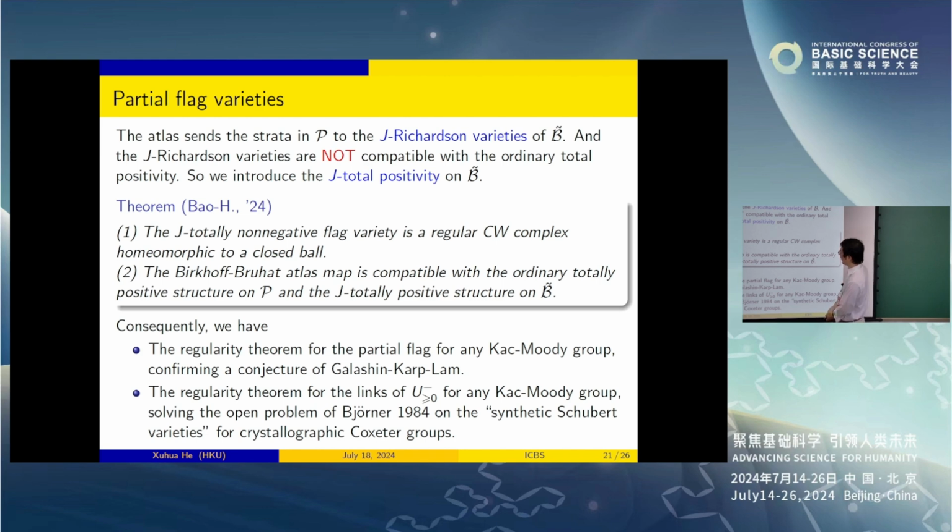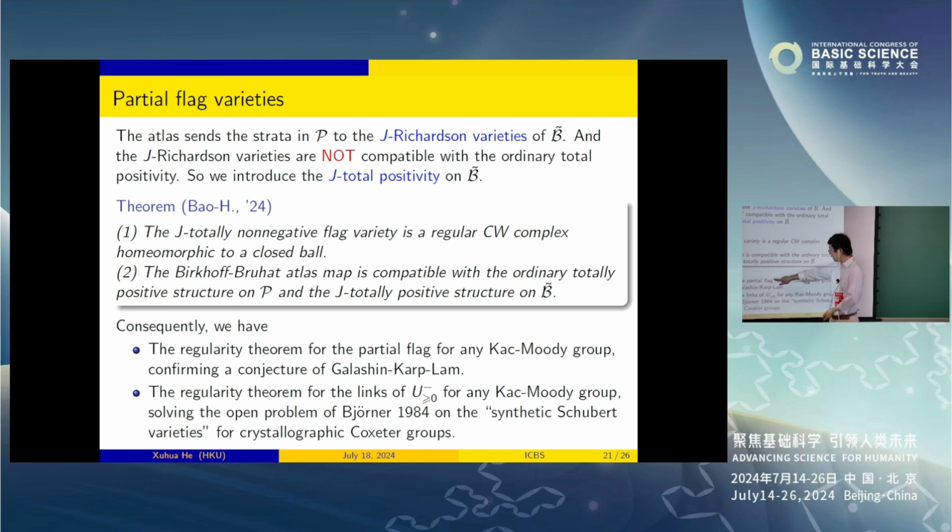But the upshot is that the J-total positivity still behaves well. Again, this follows from the product structure, and we also know the atlas map is compatible with the ordinary positivity structure on P and the new total positivity on B tilde. As a consequence, we have this regularity theorem for the partial flag for any Kac-Moody group, which was conjectured by Galashin, Karp, and Lam.